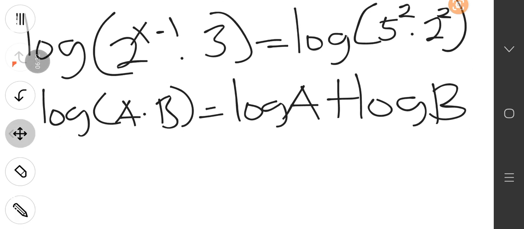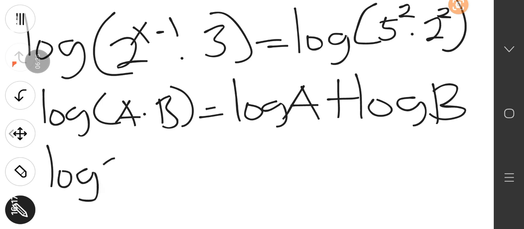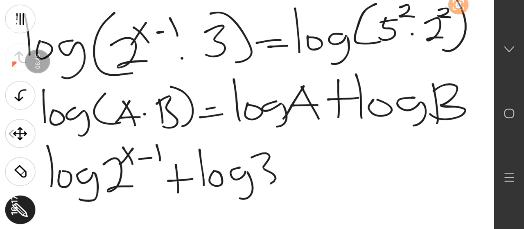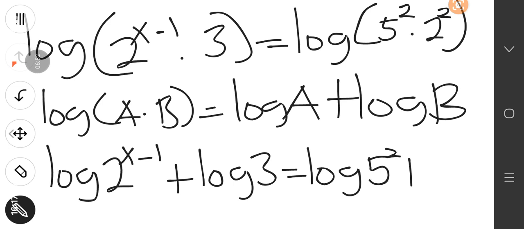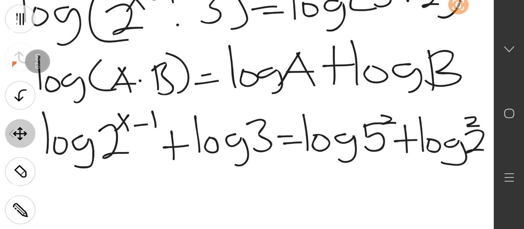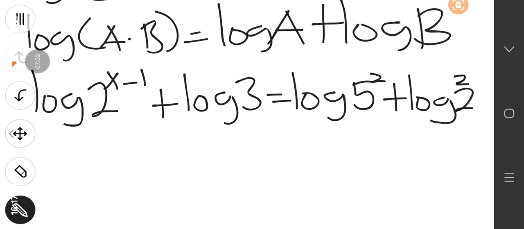So you're going to have log 2 exponent x minus 1, and then here you're going to have log 3 equals log 5 exponent 2 plus log 2 exponent 2. So this is what we have.